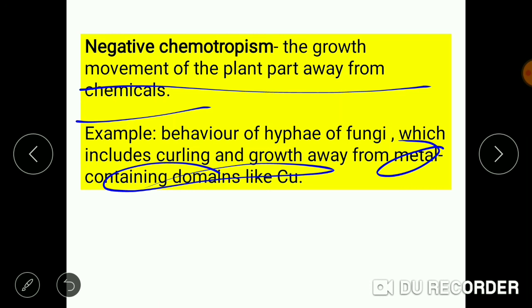So they show growth movement away from these metal-containing substances present in the soil. So hence they are showing a negative response towards the chemical substances. So they show negative chemotropism.